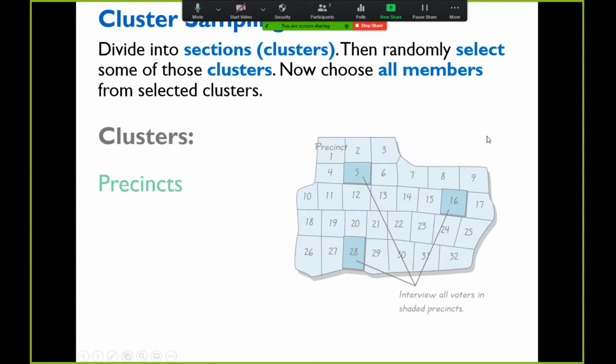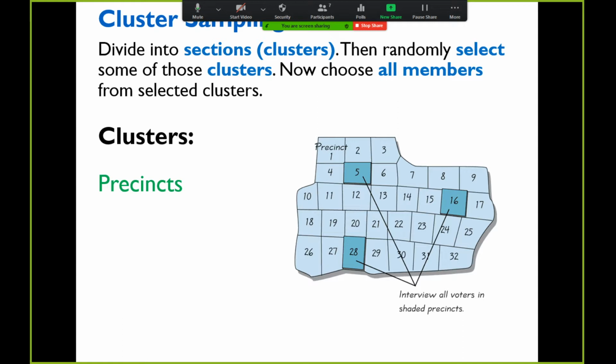So for example, like I said, voting is very popular, right? Let's say we have a state. This doesn't look like a state that we know in the United States, but let's just say this was a state in the United States, and you break it up into precincts. States are usually broken up into voting precincts, and in this particular state, there's 32 precincts. Now, let's say we're voting for a bill on gun control.